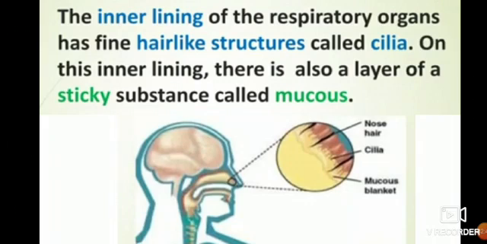So cilia and mucus are present in our respiratory system, and they are really very important in our respiratory system.